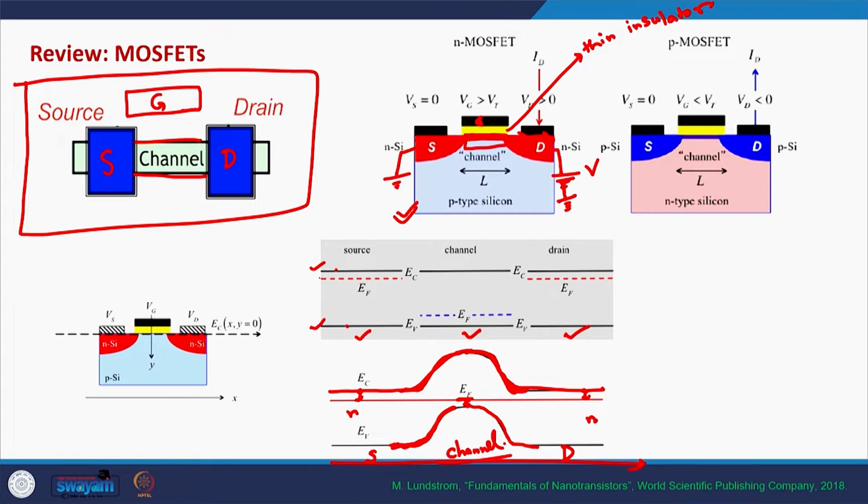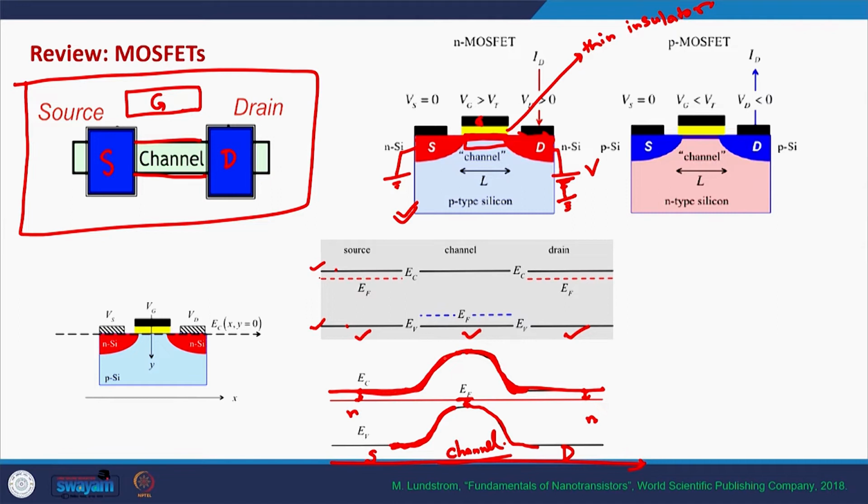Initially there is a straight line like this, then there is a barrier or a hill, then again it goes down, and again we have a straight line. And in n-type materials, as all of us know, there are some electrons sitting in the conduction band, so there would be some electrons sitting here, because the drain is an n-type material.